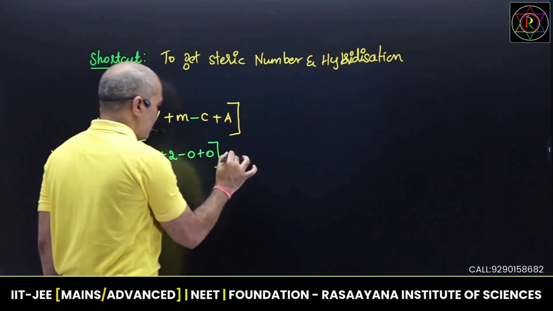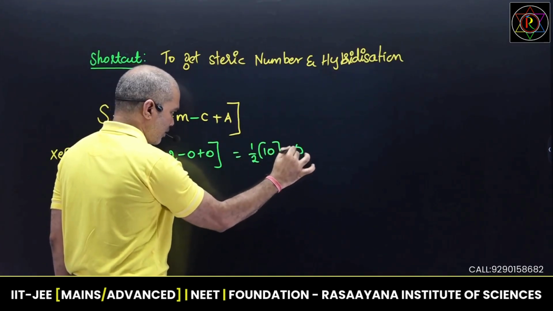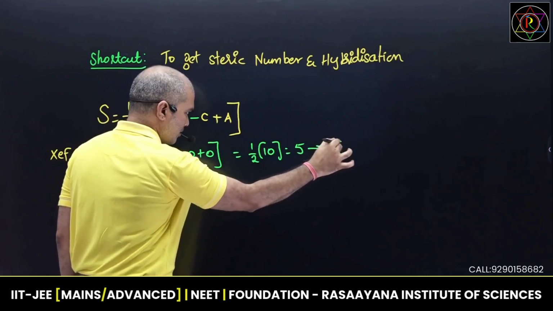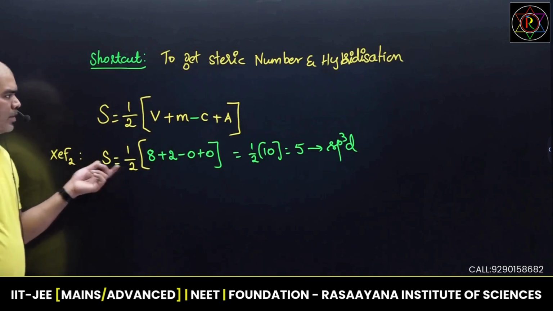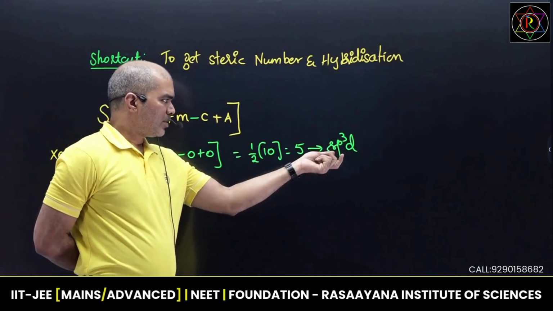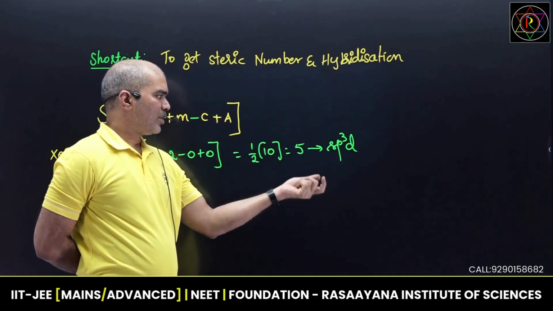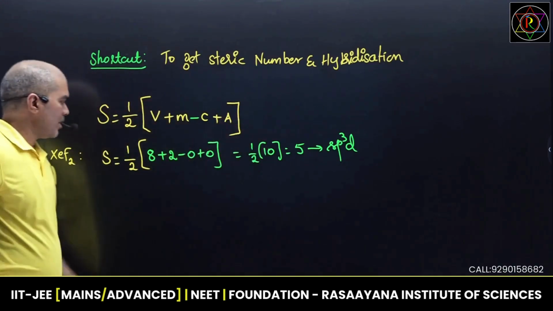So this is half of 10, which is 5. For 5, we know that it is sp3d. So it is giving you the steric number and the hybridization. But to get the detailed structure, molecular shape, and how many lone pairs are present, the previous method will be a better method.